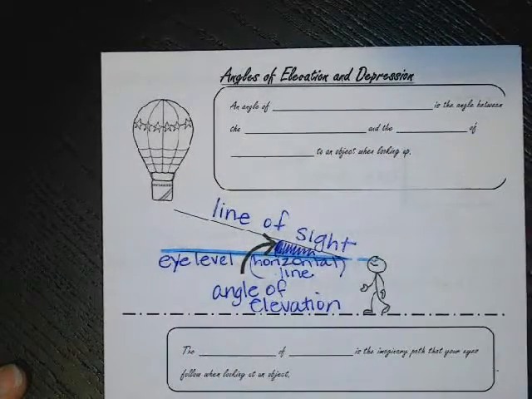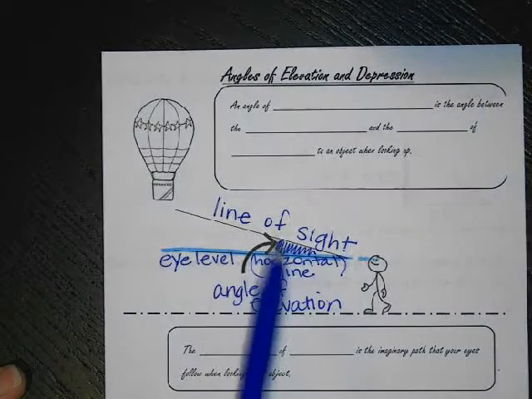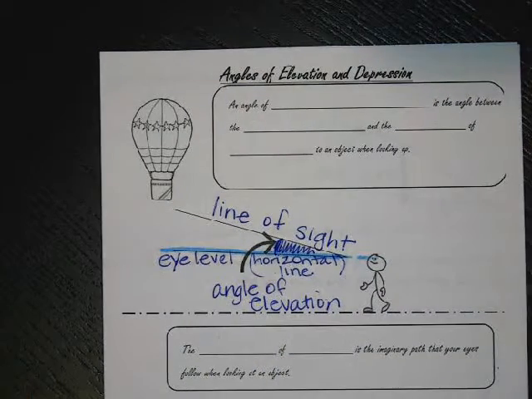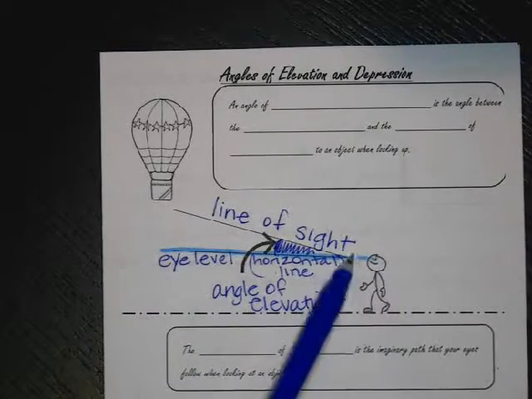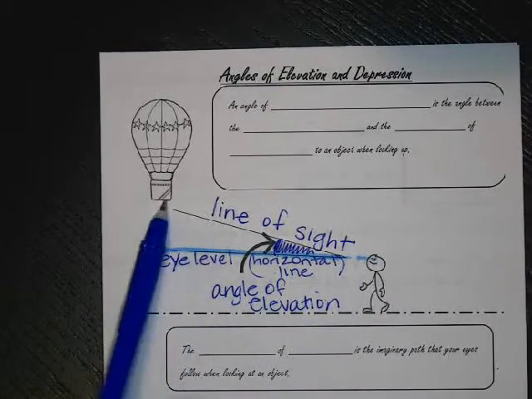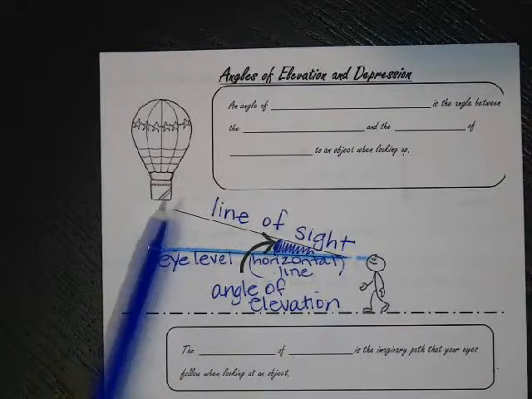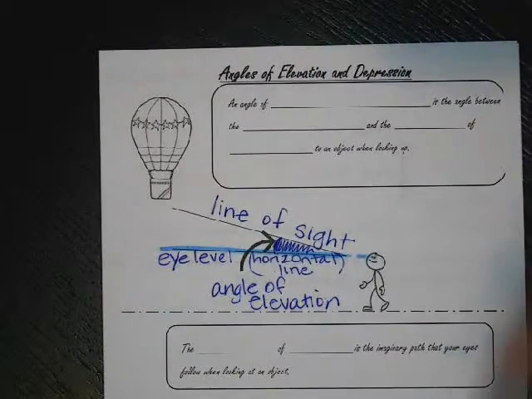Okay? And so the line of sight is what creates this line that helps to make the bottom and the tops of the angle. So the angle is made up of your eye level line that's parallel to the ground and your line of sight line that's looking at the object, whatever you're looking at. And this one's an angle of elevation.